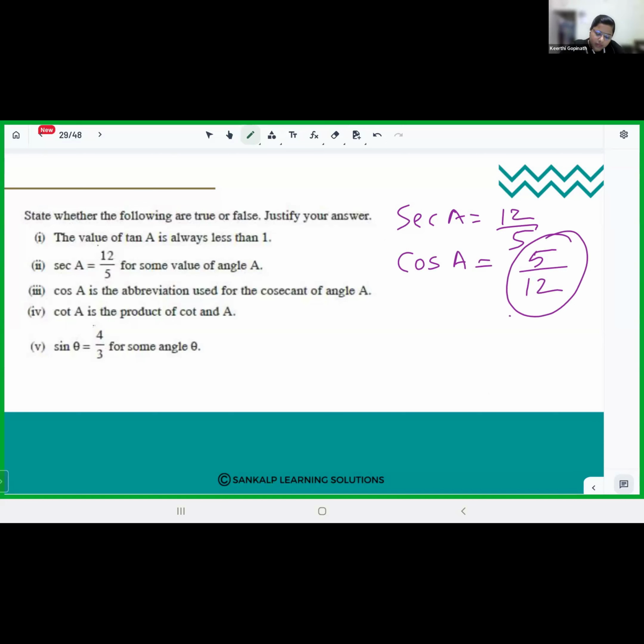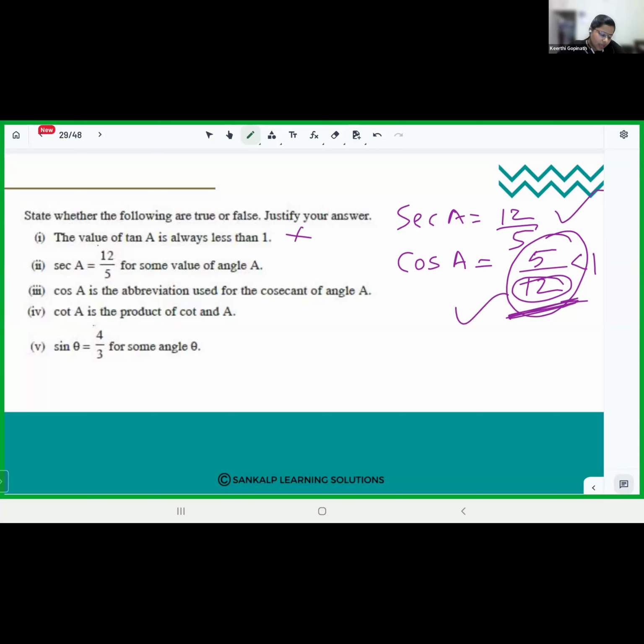So check whether 5 by 12 is less than 1 or greater than 1. The denominator is larger than the numerator, so 5 by 12 is less than 1. So we can say that if this is true, then its reciprocal is also true. So sec A can be 12 by 5 for some value of angle A. So the first one was wrong and the second one is right.